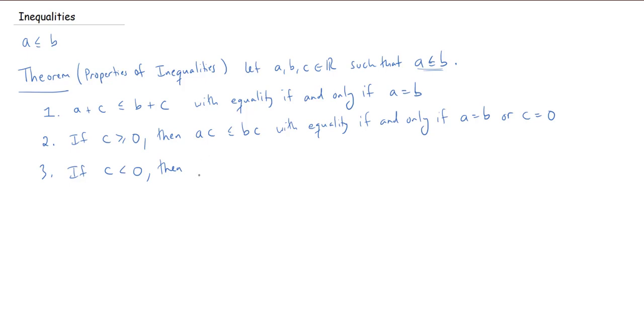So if C is negative, then A times C is now going to be greater than or equal to B times C. And because C is not going to be 0 here, I really can just copy this line up through A equals B, and then I get a period, all right? I don't get the C equals 0 situation. Okay, so if C is a negative number, then the only way when you multiply that AC is going to equal BC is if actually A and B were equal.